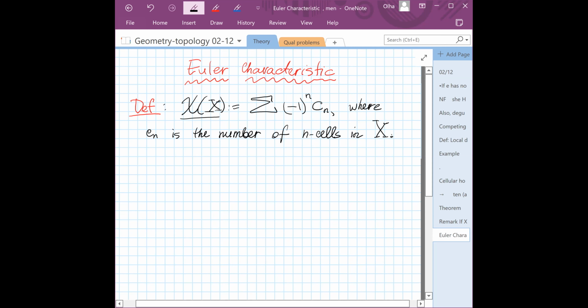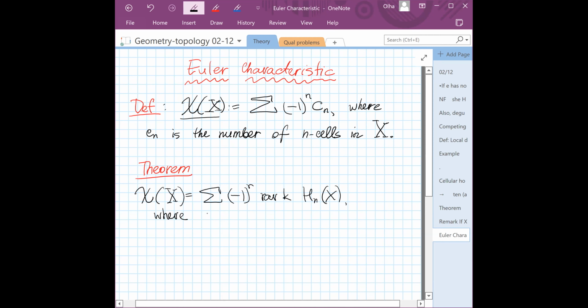And there's just one big thing about it: there is a way to compute this through homology groups. It is equal to the alternating sum of the rank of Hn of X, where the rank of a group is the number of its generators.